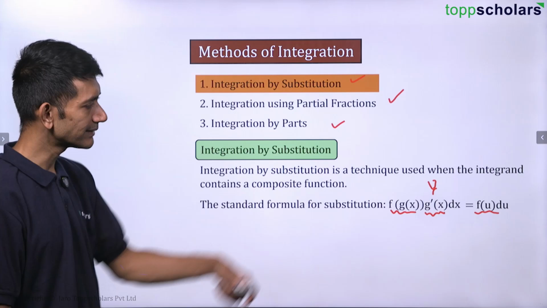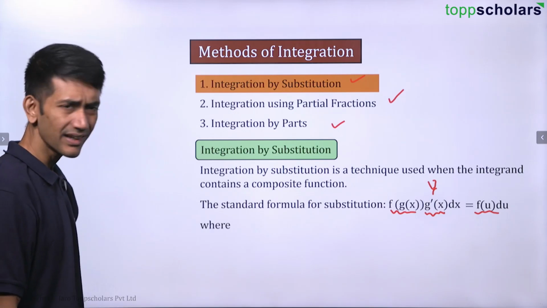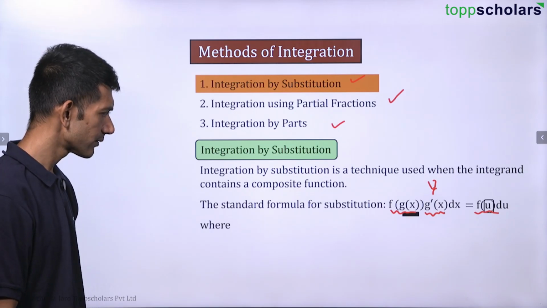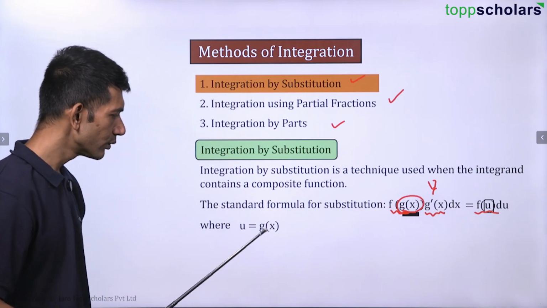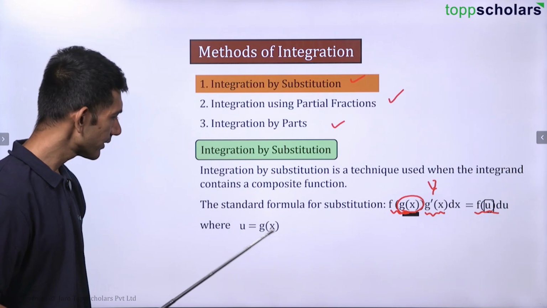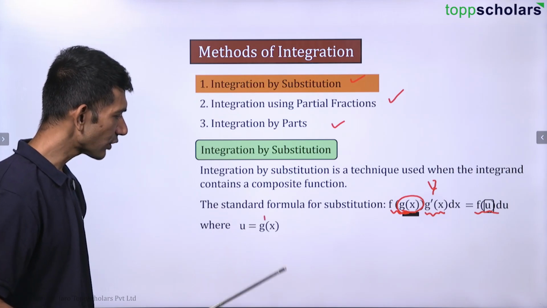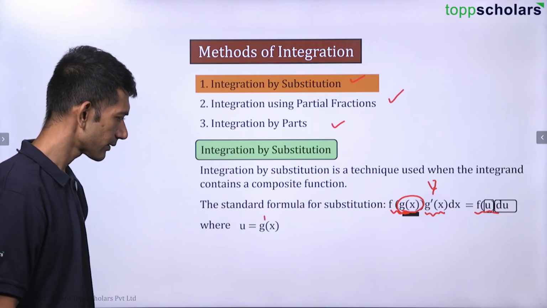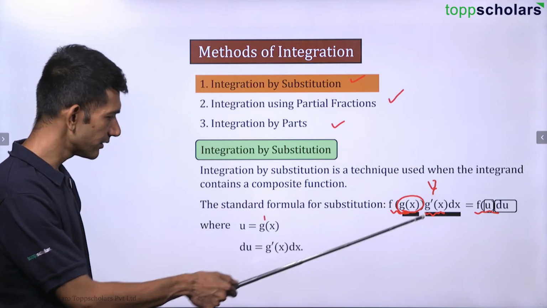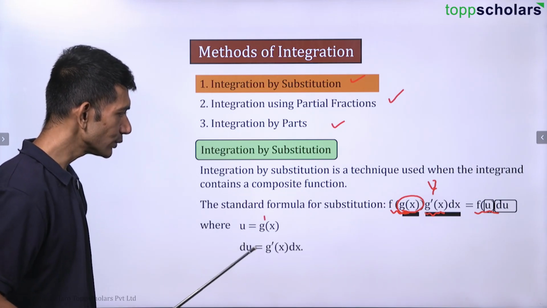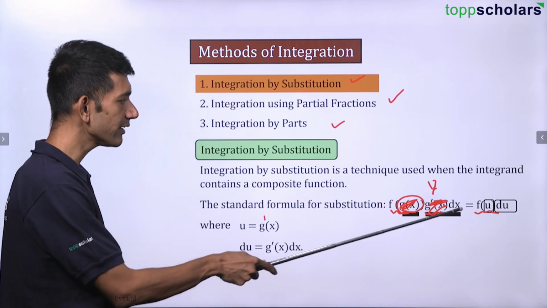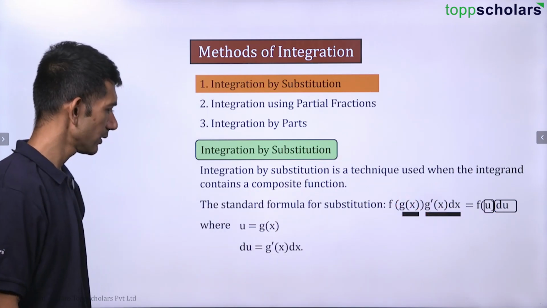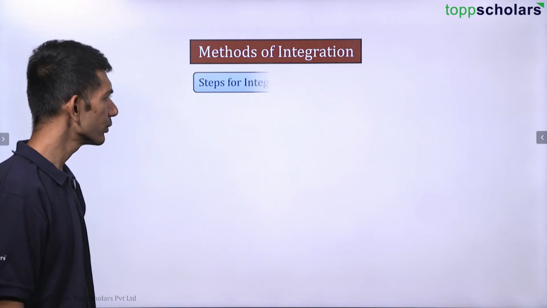So we'll replace that. How, we'll understand in the questions, don't worry. So we'll assume g of x as u, then we take the derivative, right? So we get g dash of x, that is this. So that becomes du. So this is u and this is du, right? So this gets converted. That is why we get f of u du.